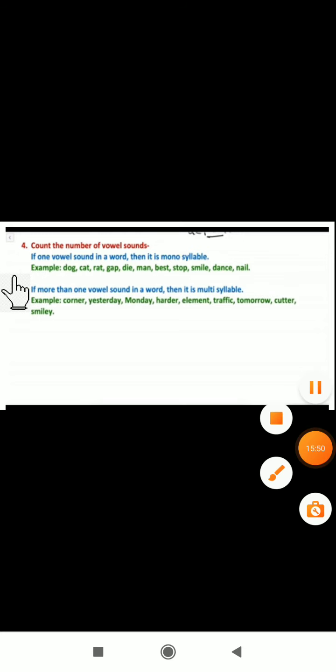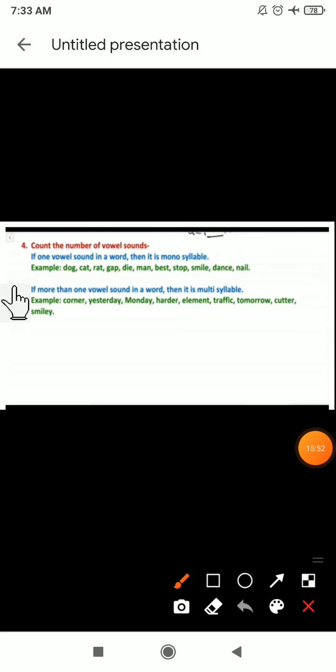Yes, I already told. If only one vowel sound is there, we can call it monosyllable. Here are examples: dog, cat, rat, cap, die, man, best, stop, smile, dance and nail. These are examples.